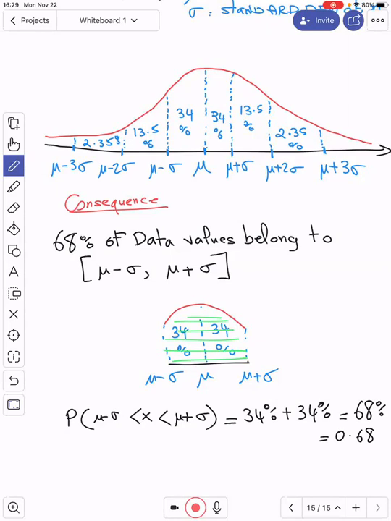So what we are saying is that 68% of your data values belong to the interval mu minus sigma, mu plus sigma.